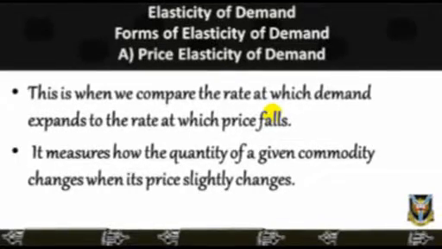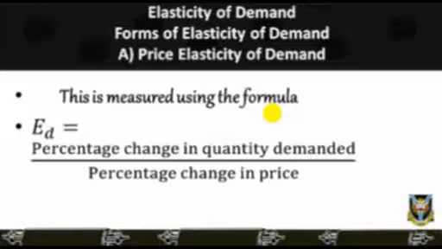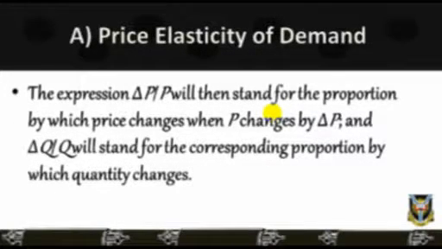This formulation enables us to construct a simple expression for the price elasticity of demand for goods using only minimal information about its demand curve. Let change in P represent a small change in the current price and change in Q the resulting change in quantity demanded.